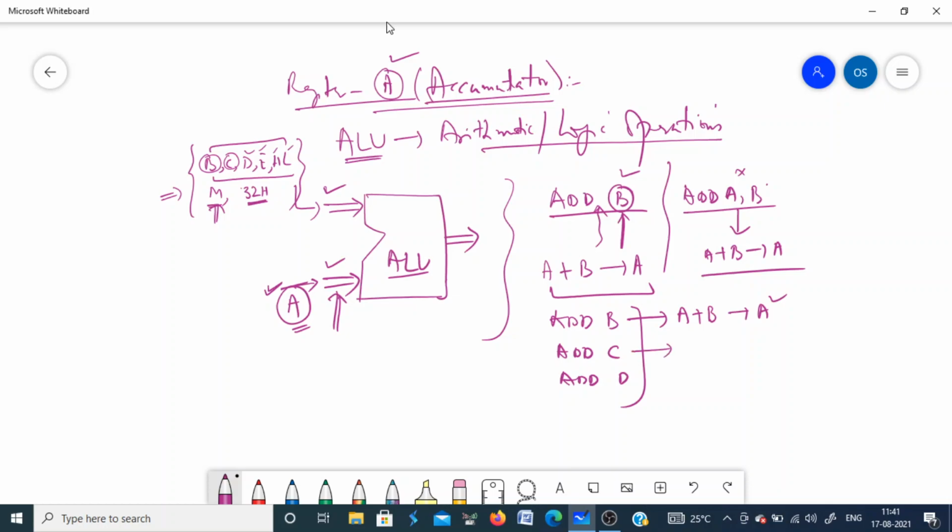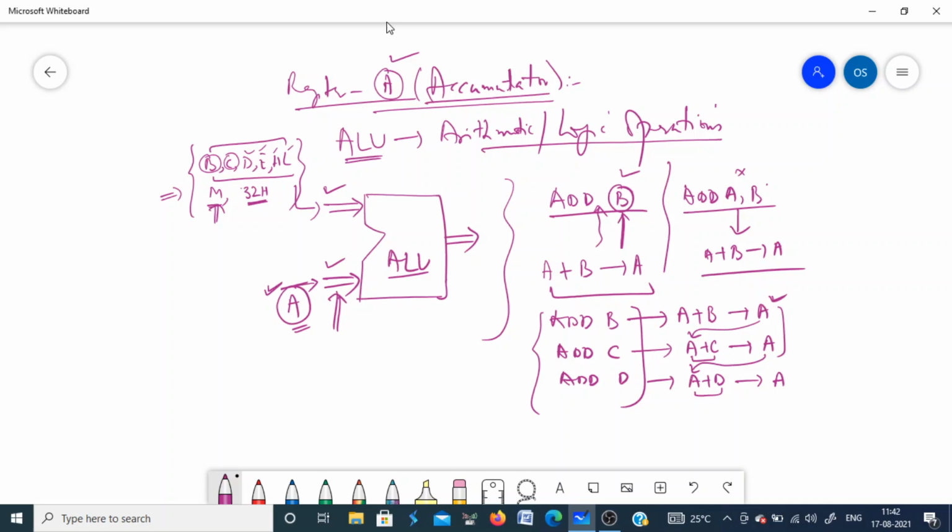Now when you write ADD C, the contents of A plus C are added and it goes again into A. Whatever is the output of the first instruction in A is now added to the contents of C. Similarly, when you write ADD D, A plus D is added and it goes to A. The previous sum again gets summed up with the contents of register D and goes to A. This is what gives the name accumulator.